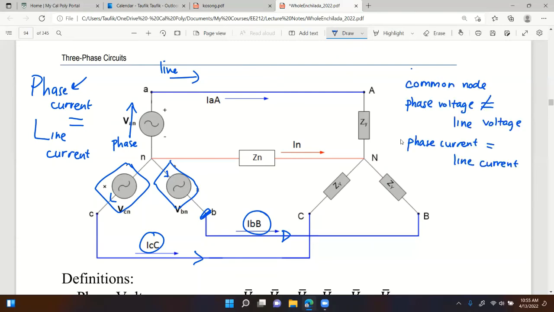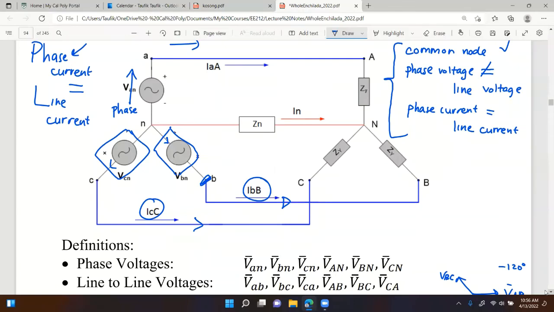So these are the three properties of Y connection. It has a common node. Phase voltage is not equal to line voltage. Phase current is equal to line current for Y connection. Don't forget this. Now we're going to go into math.